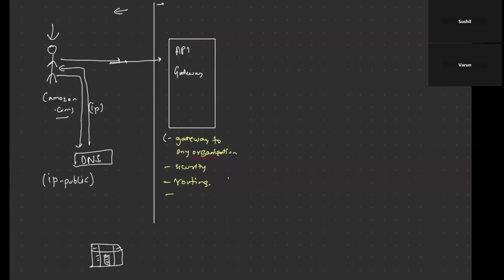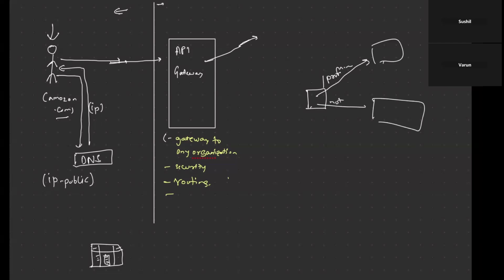You can think of it like a router which will route the slash profiles API to the profiles microservice, the slash notification API to the notifications microservice, and so on to microservice 2 and microservice 3. So this is routing also.